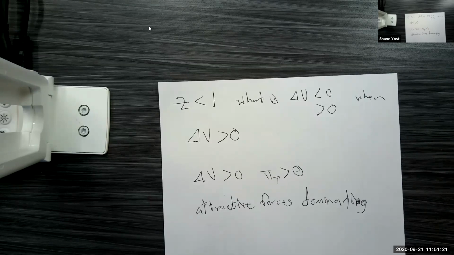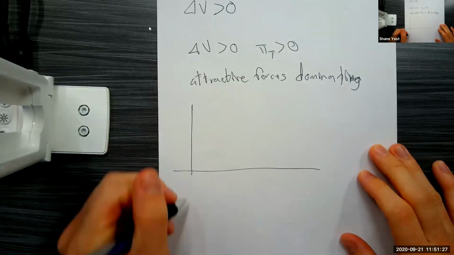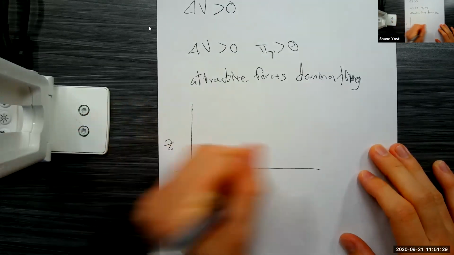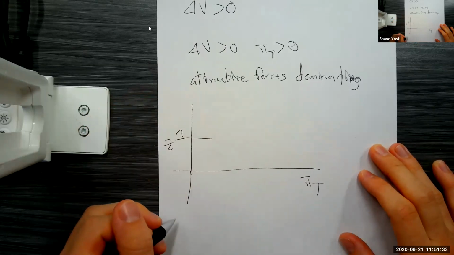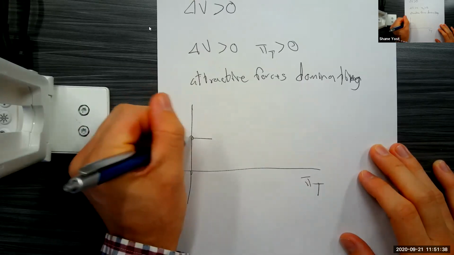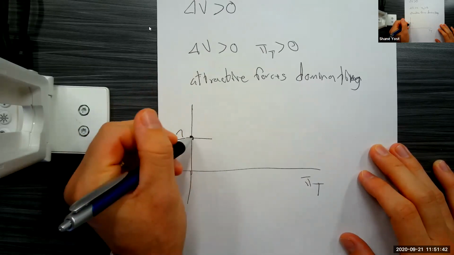Yeah, exactly. If you had some sort of a plot of Z versus pi sub t, and here's 1, so it'd be 1 at 0: Z equals 1, pi sub t is 0.